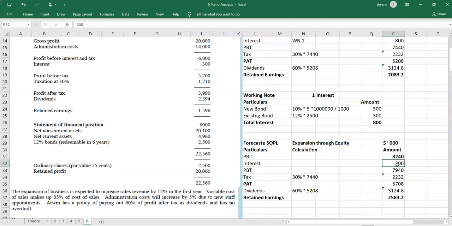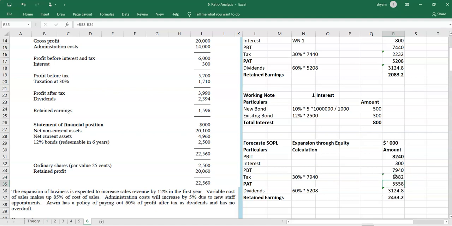Okay, so let's check whether it is correct. If you see, the tax is a different number, right? The tax is 7940. So that we have to change.